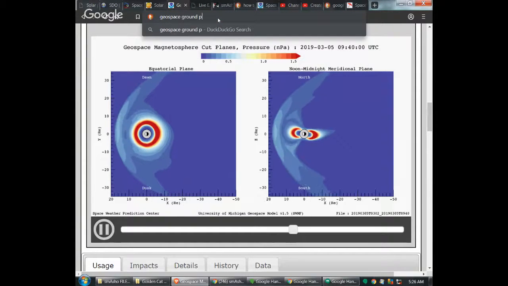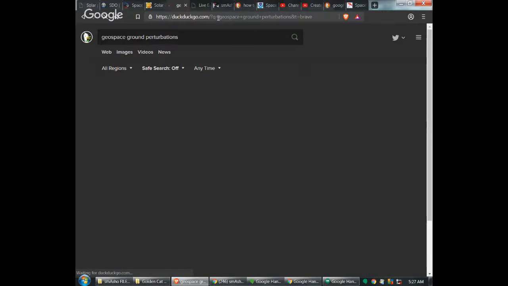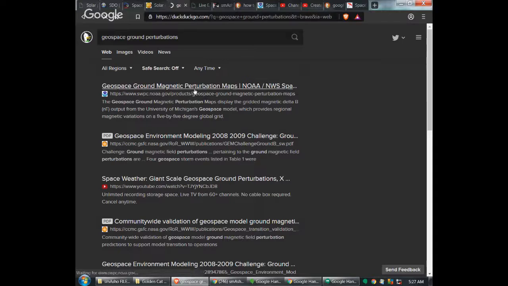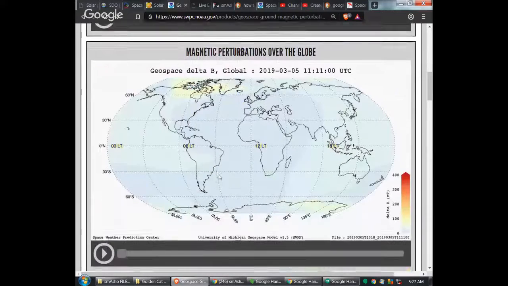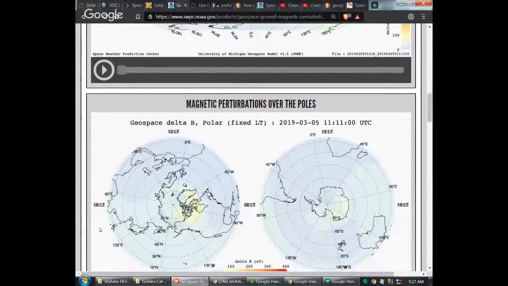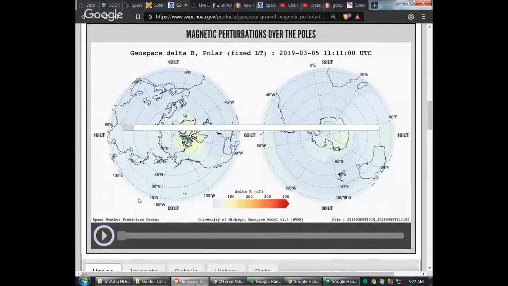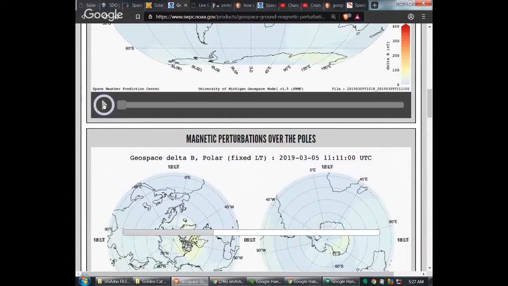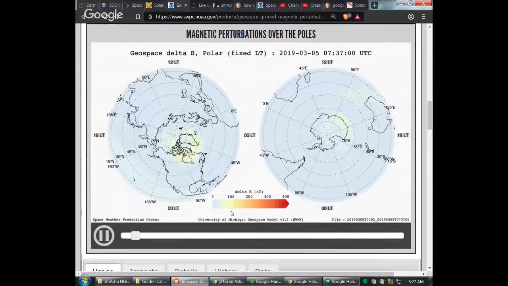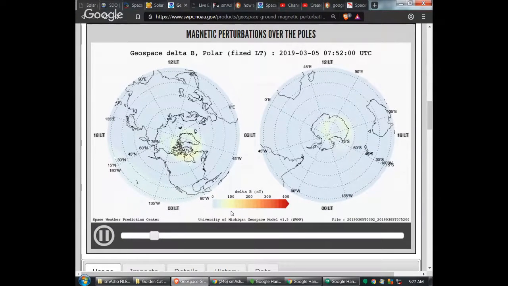Let's look at geospace ground perturbations. Now, later I'm going to set this all up so we have all the tabs. We don't like to have any wasted time here, so that everybody can use this channel as a resource to get all this data. Anyway, here's the magnetic perturbations over the poles.